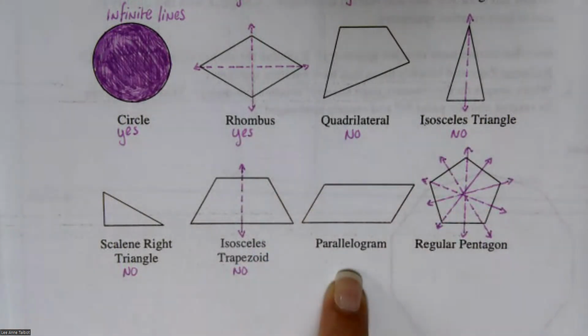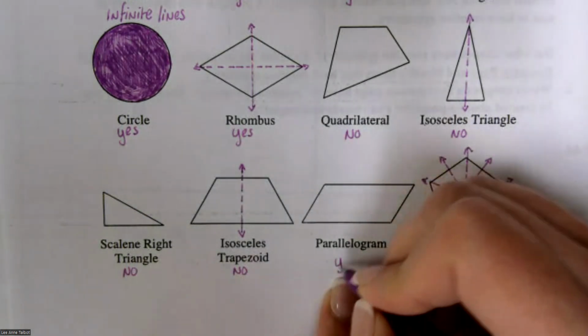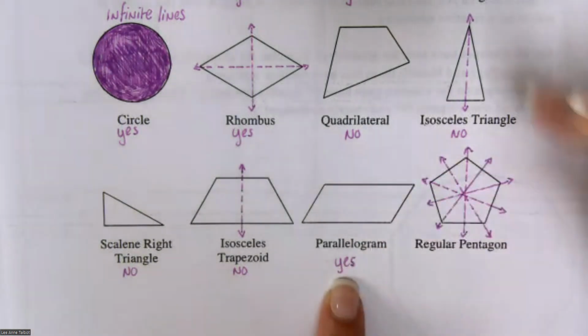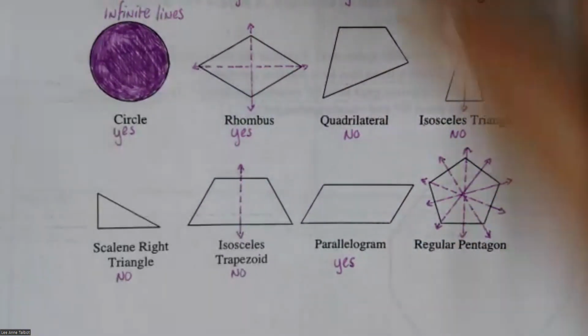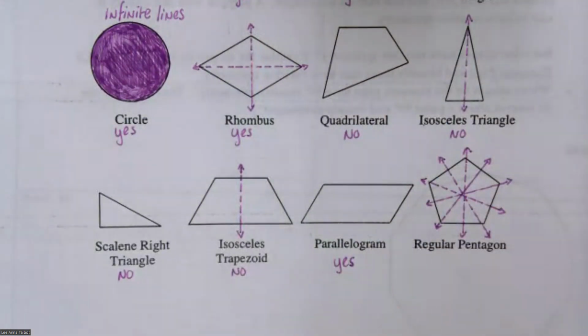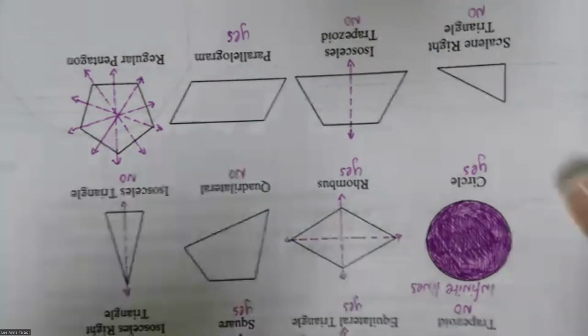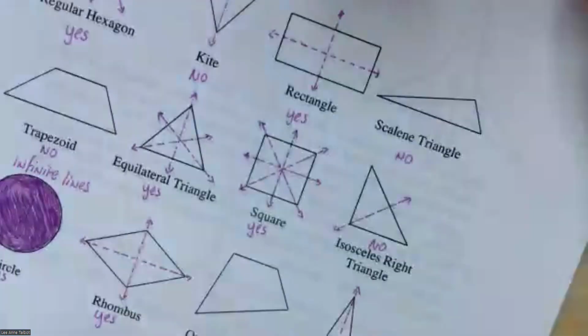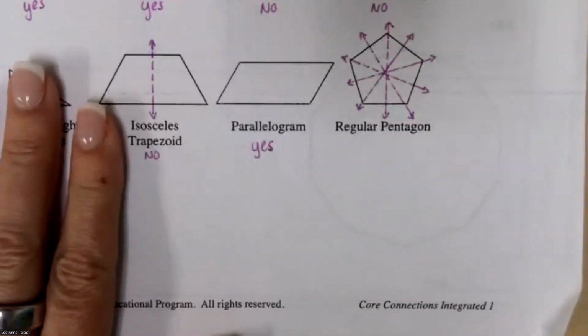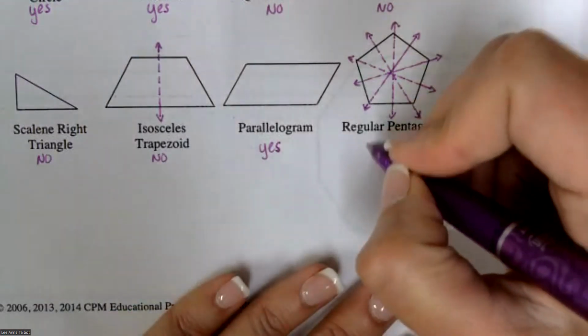It's my favorite. Yes. And you can test that by turning your paper upside down. So take your parallelogram, kind of like burn it into your eyes, what it looks like. Same thing. It's my favorite. Regular pentagon. Yes.